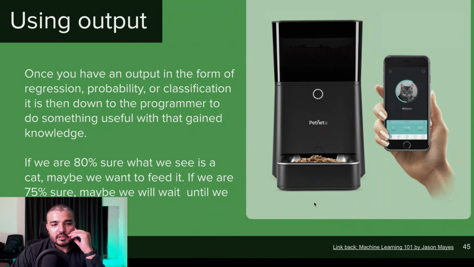It's a cool product that can be used. So the definition is, if we are 80% sure that what we see is a cat, then maybe we want to feed it. If we are 75% sure, maybe we will wait until we are more sure. So obviously you can play around with your models like that.